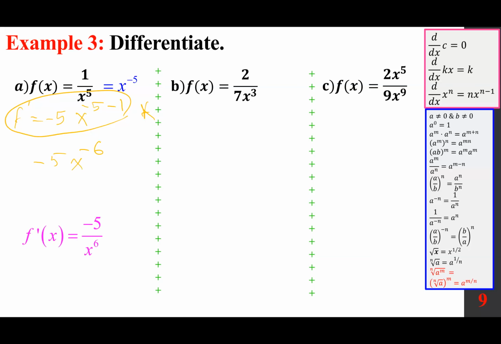For part B, again, we want to use the power rule. The way it's given, we can't. So we have to change it. How would you change that so you can use the power rule? Anybody? Simply put, we bring x cubed up, and it becomes 2/7 x to the power of -3.